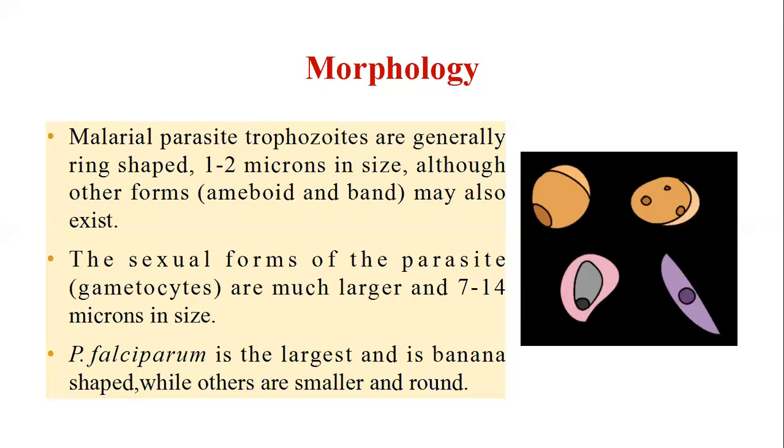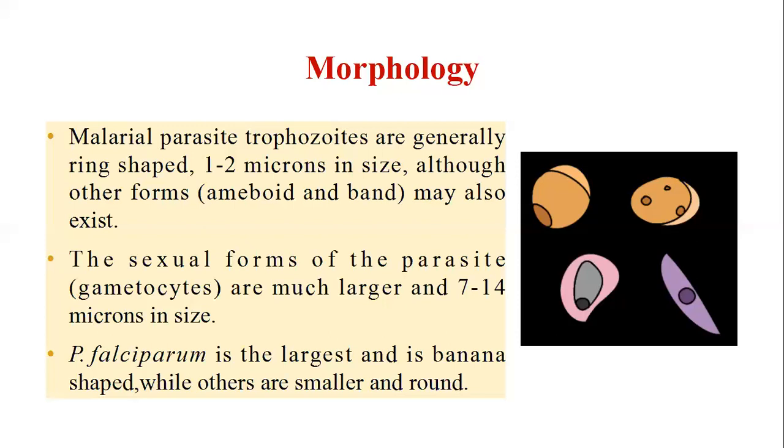The sexual form of the parasite, the gametocytes, both male and female gametocytes, is actually coming from the human to the mosquito. They are of relatively larger size, and here the size is 7 to 14 micrometer.